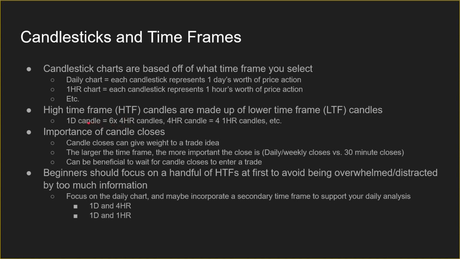There's 24 hours in a day. Now, if we wanted to compare the 4-hour chart to the 1-hour chart, we could say that 4 1-hour candles is equivalent to 1 4-hour candle, right? Because there's 4 hours within a 4-hour candle, and so on.